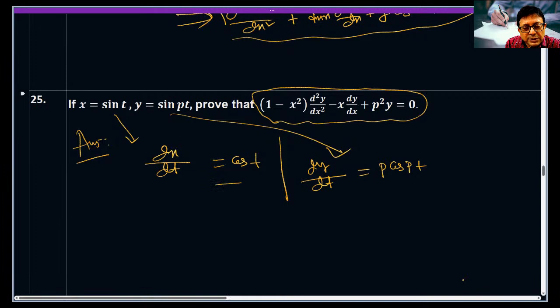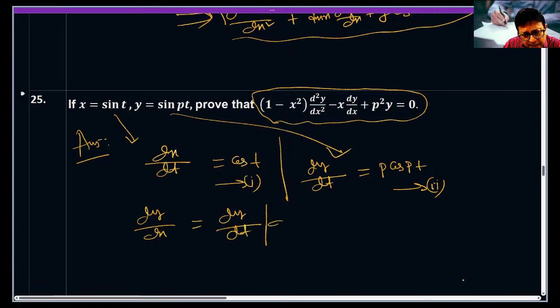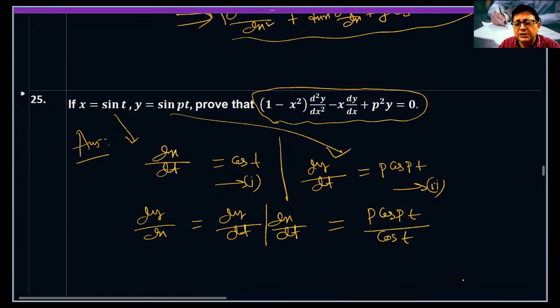How to? Is there any way? Let's see. Let us find dy by dx first. This will be p cos pt by cos t.